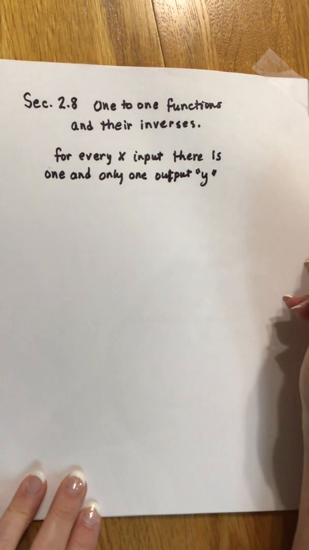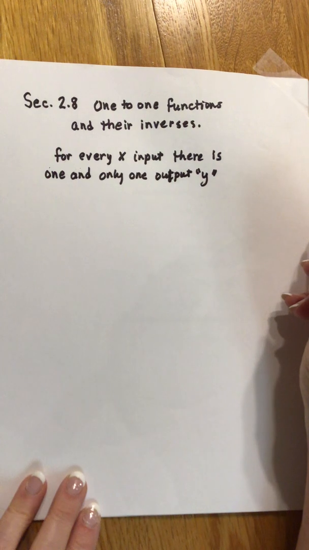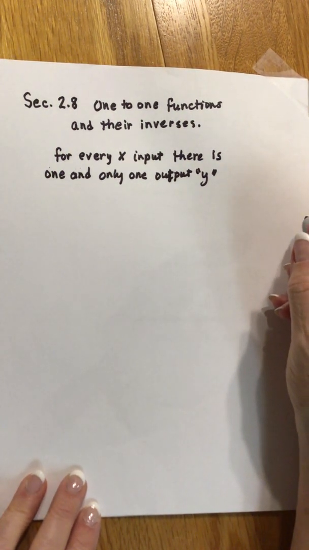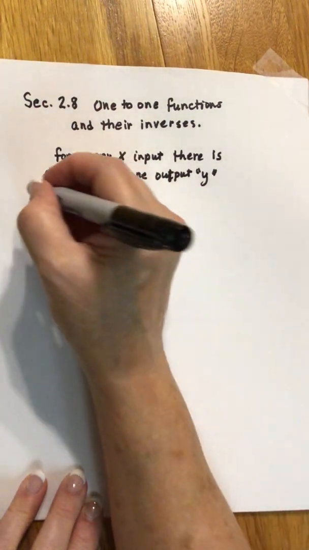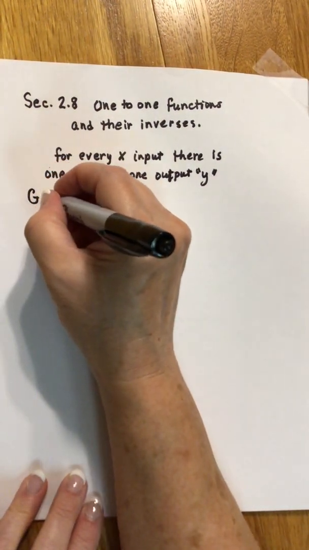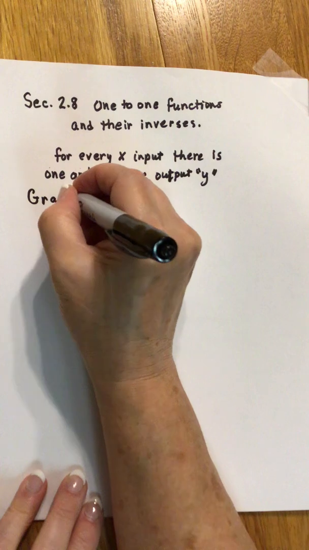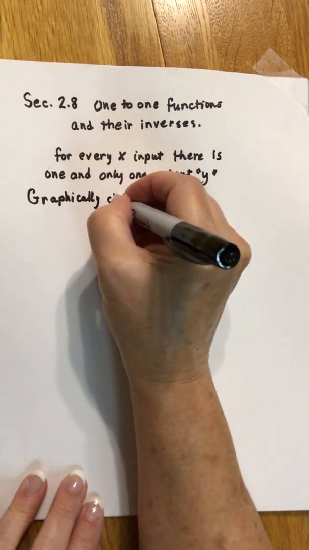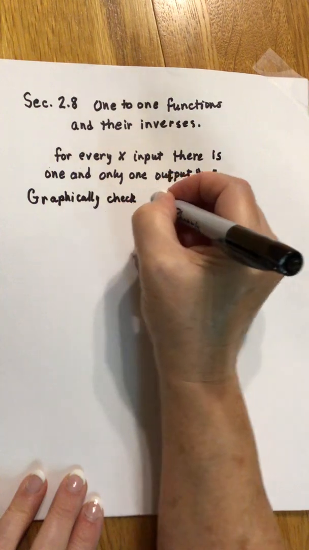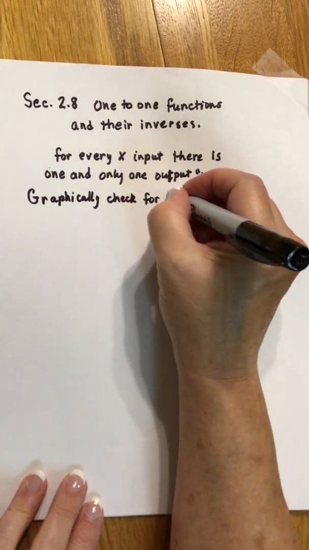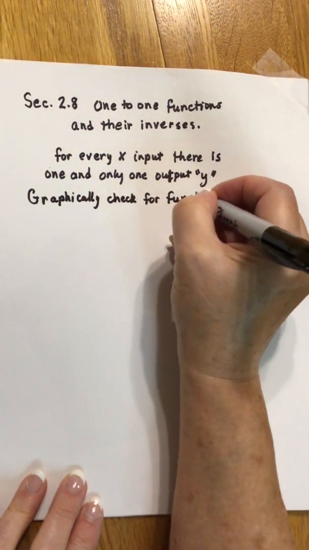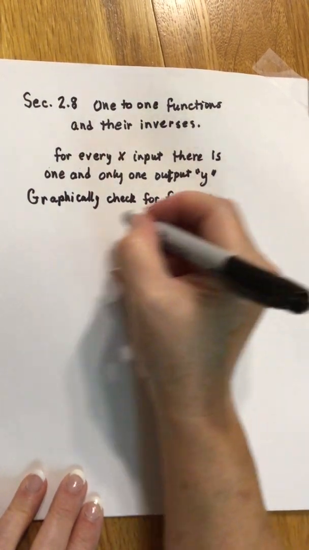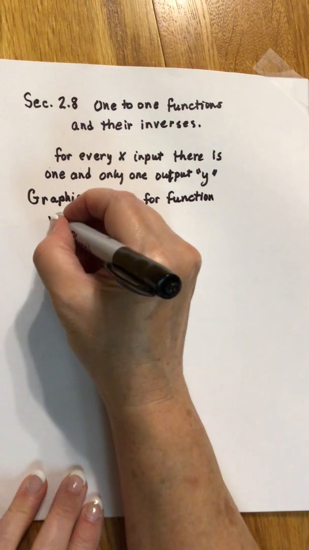So for every x, there's one and only one y, or for every input, there's one and only one output. Okay, we said that we could graphically check this by using the vertical line test or vertical bar test.